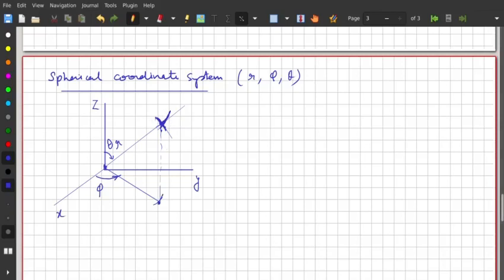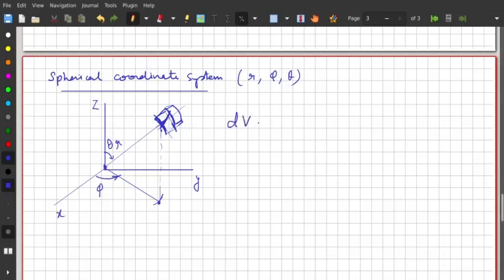So this will represent an element which looks something like this, and something like this. Bear with me, it's difficult to draw digitally.